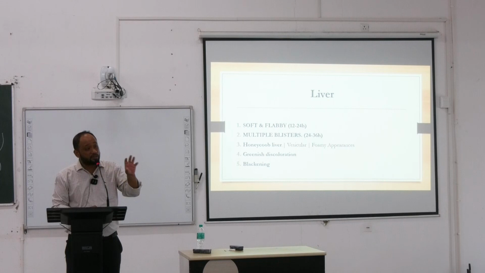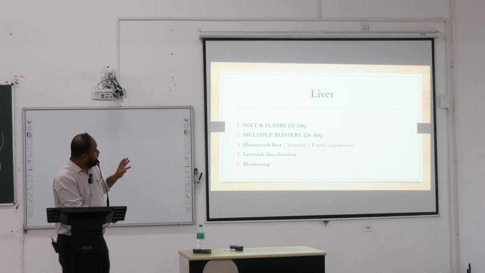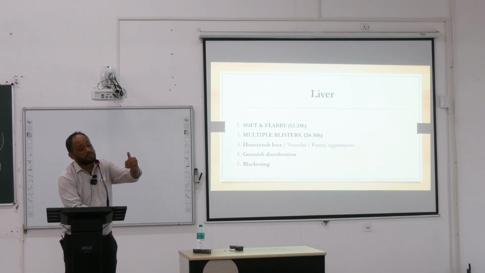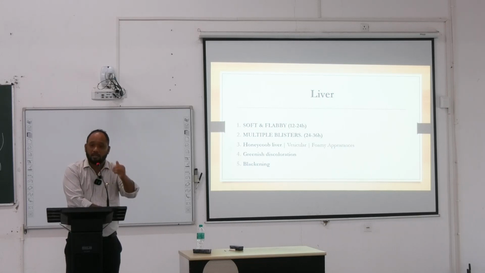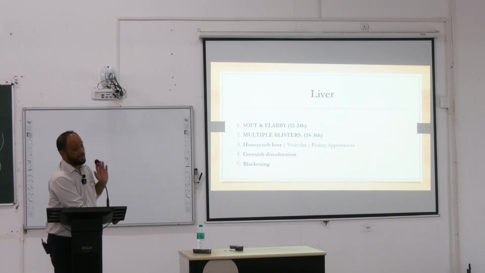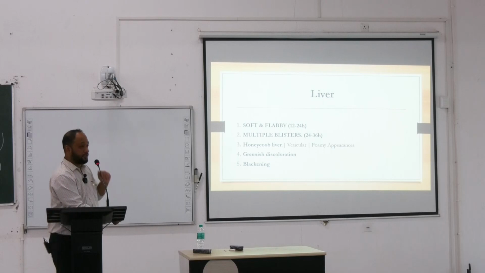Slowly, as gas fills, it will burst. So what will happen? Honeycomb liver: a foamy or vesicular appearance of the liver will be seen. At this time the color will change to darker, a little bluish or purplish, and from then slowly turn black: discoloration and then blackening. So this is the change of liver decomposition.